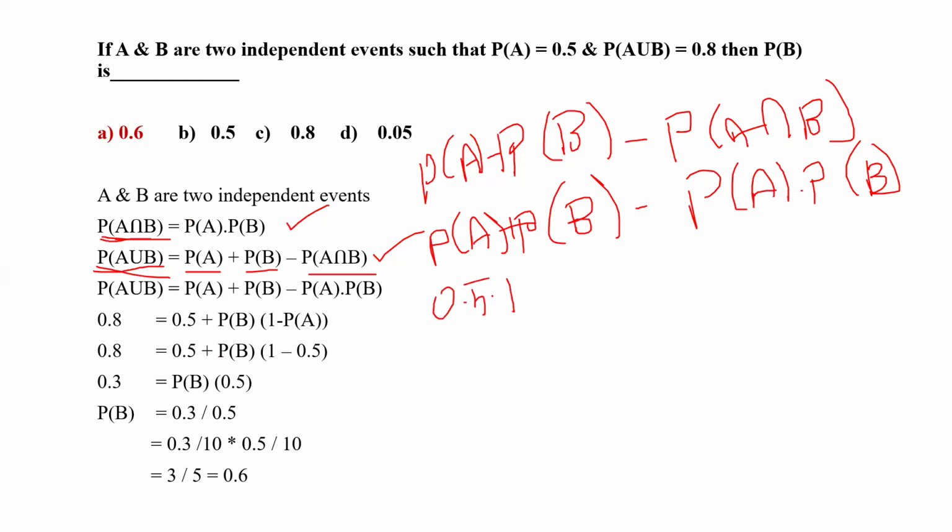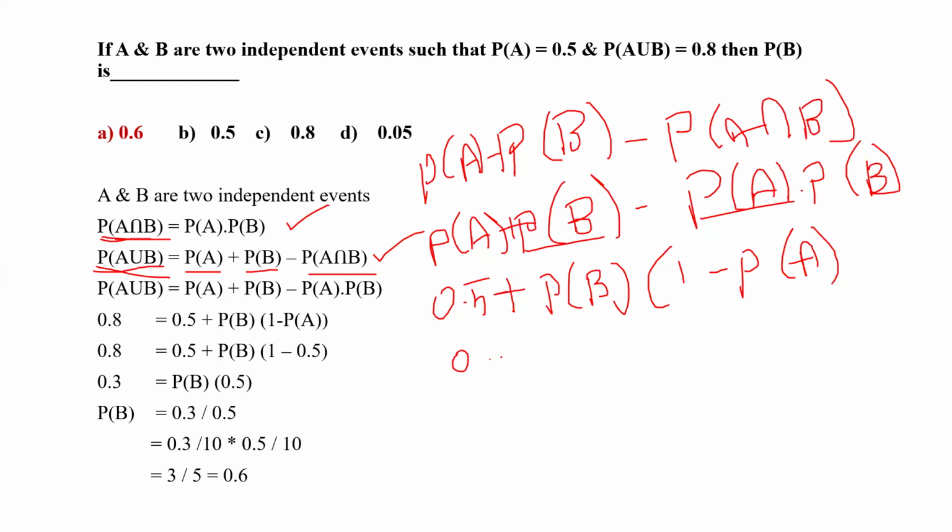P of B value we don't know, so we just put P of B. Now P of B you can take as a common value, so 1 minus P of A. So 0.5 plus P of B times 1 minus 0.5.